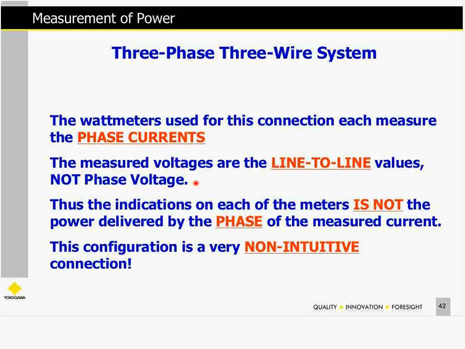But the voltages are not phase voltage, they're line to line. Therefore, the indication on the meters is not a phase power measurement. And I call this kind of a very non-intuitive connection and non-intuitive calculation, and people get confused as to what they're getting.